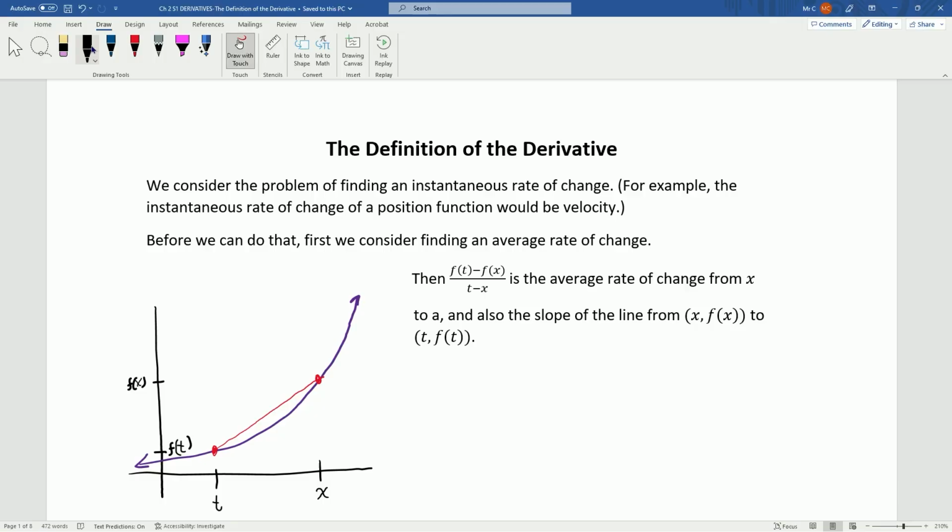Well, if we take a look here at this graph, we've got a function and we've got a y value f of x, a y value f of t, and the corresponding t and x values on the x-axis.